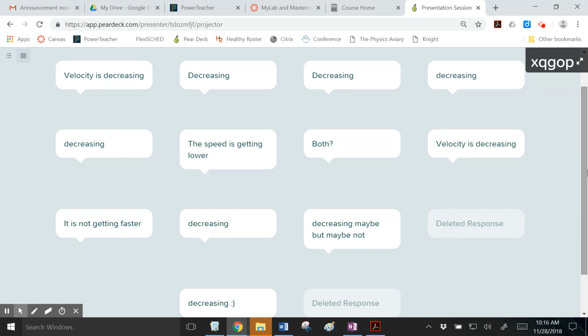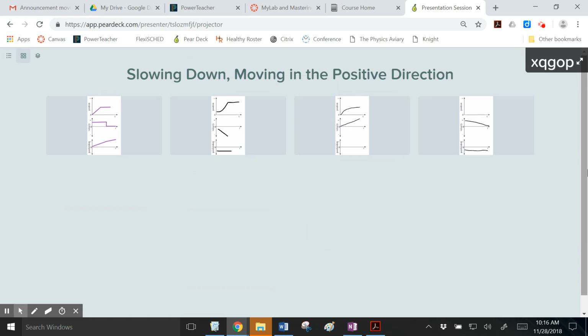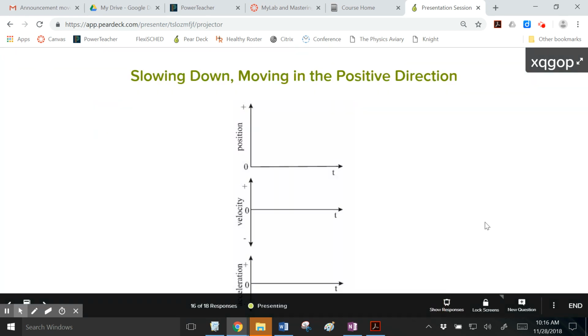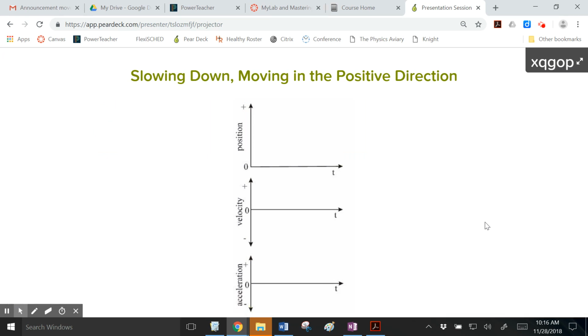Double check that with your neighbor if you can get them back on task. And I'm gonna pop back over to here and make revisions on your Pear Deck. Are you showing a graph of position versus time that has a slope that is decreasing? How do you draw that to show a slope that is decreasing?